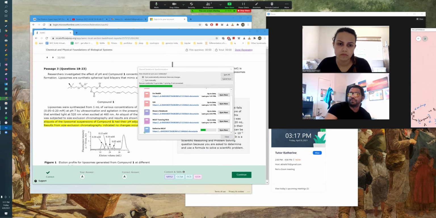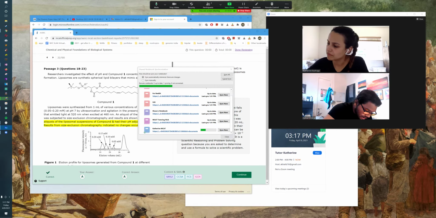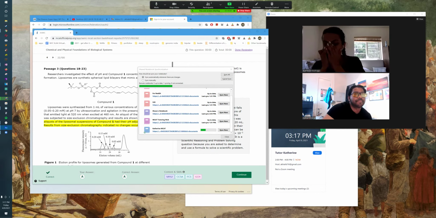Oh, all right, the whiteboard's back. So this is how I would do it. 1 over 10 E negative 3 times 20 E negative 3. 10 goes into 20 twice, so I get 2 E negative 6.